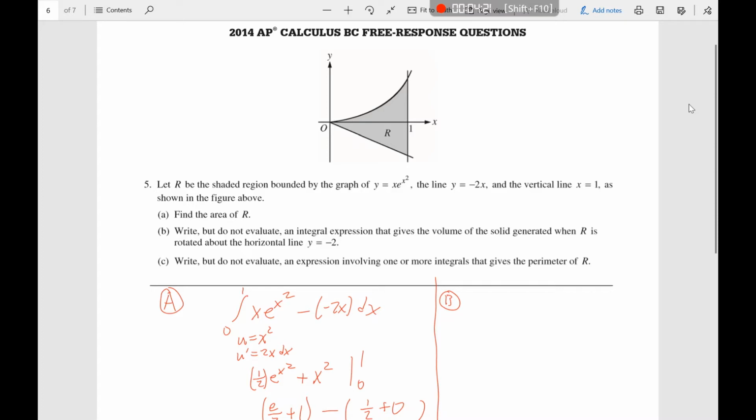Let me first make sure we don't cross that. So when x is 1, what's my lowest point for this bottom function? What's the lowest y value that we get when we're at this bottom function? Minus 2. Okay, so we don't have to worry about crossing our axis at all, which would have been a headache.